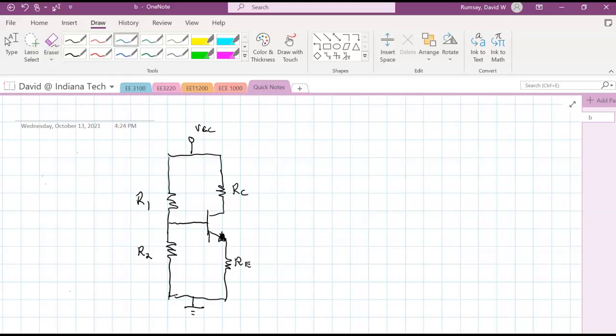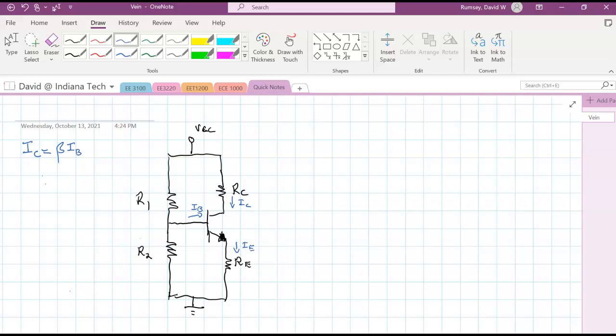Now, before we get started with how to design this, there's some useful equations you want to remember here. For instance, IC is equal to beta times IB. If we're drawing currents here, IB is going in here, and then IC is coming down, and then there's also IE here.